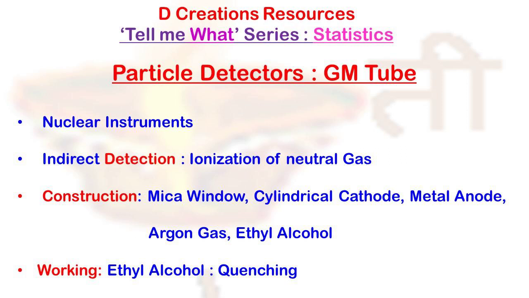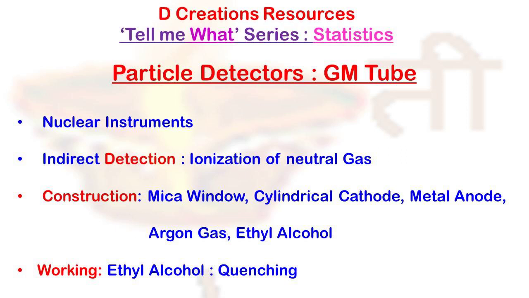Now there is something called quenching. So when the positive argon ions reach the cathode, they will dislodge secondary electrons from the cathode because these ions have larger energies. So those electrons will move towards the anode and produce an unwanted avalanche. And then it will be as if there is a continuous avalanche.